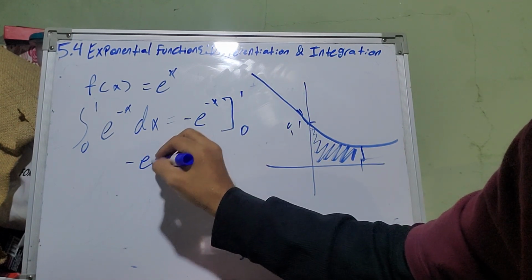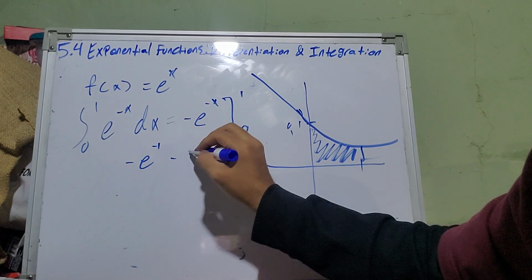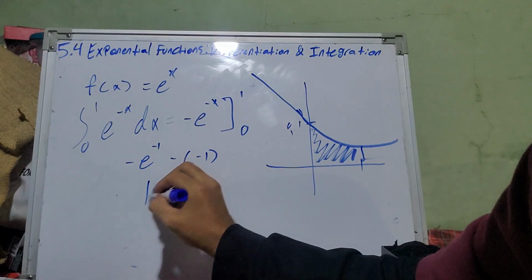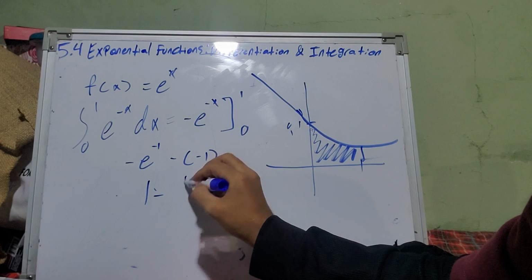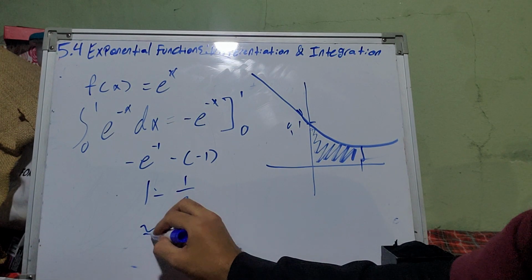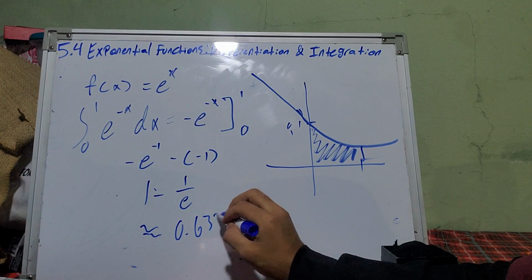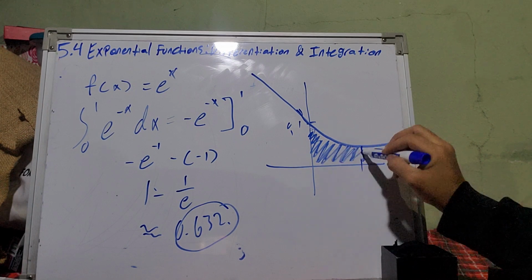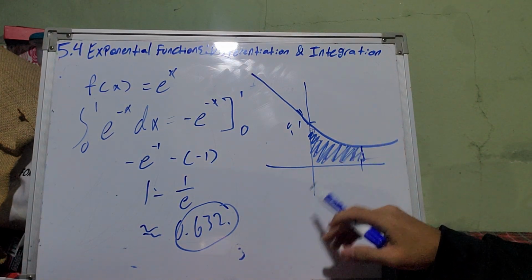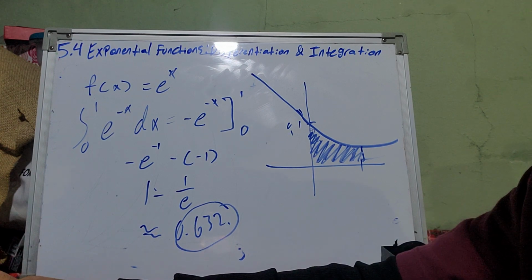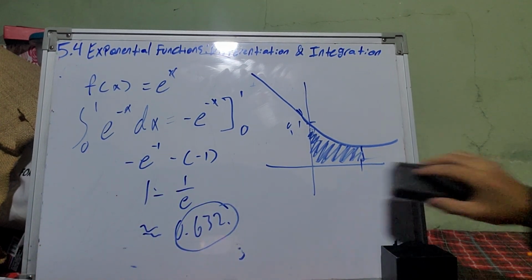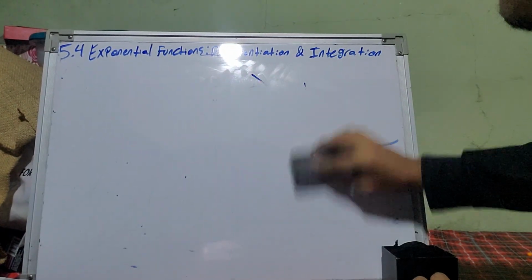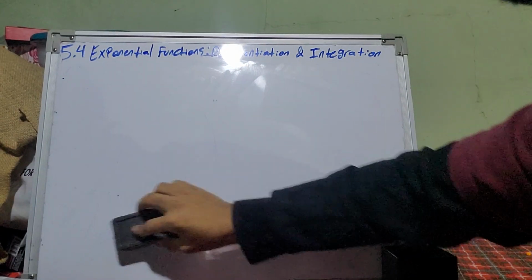So presented as negative e to the negative 1 minus negative 1, which is 1 minus 1 over e, which approximates to 0.632, giving us our area for the given definite integral, as we're looking for areas bounded by exponential functions. With these basic concepts, we can use exponential functions to assist us with understanding and finding different functions.